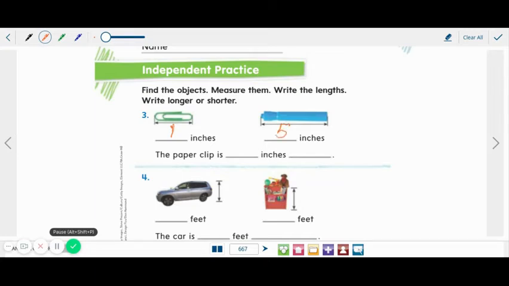All right, next up, you're going to compare the 2 items. I want you to pause your screens now and take this time to find the paperclip is blank inches blank. So you're going to find the difference between the 2, comparing, and then you're going to say, is it shorter or is it longer?